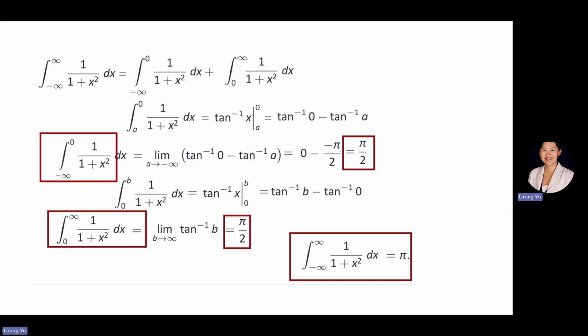That is the whole calculation for the fourth example: an improper integral that involves an infinite interval, where the integration interval is infinite in both directions. That is case number 1. Any questions?